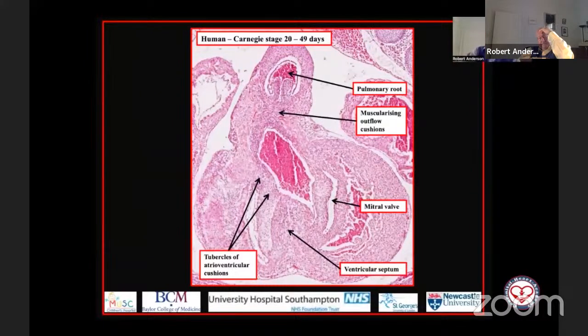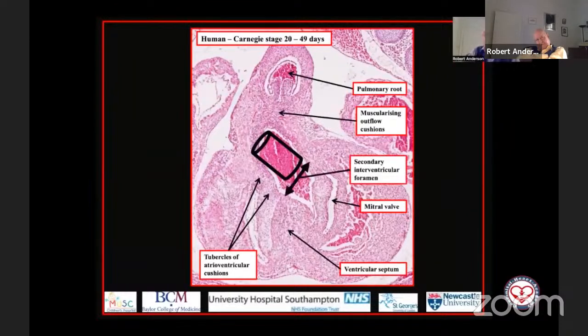They have blocked off that tertiary interventricular communication, creating the tunnel that puts the aortic root into communication with the left ventricle through the secondary interventricular foramen. So the tubercles become the membranous septum, and they have closed the tertiary interventricular communication.